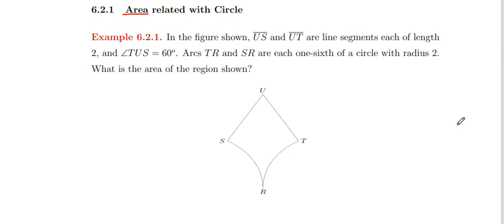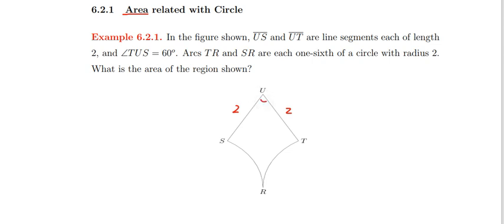This is in the figure shown. US and UT are line segments, each of length 2. So this is 2, this is 2. And angle TUS is 60 degrees.